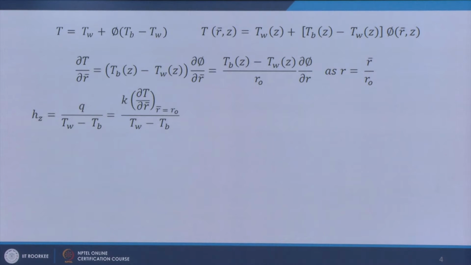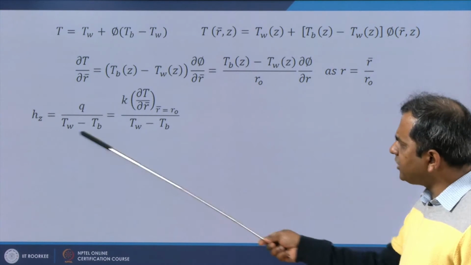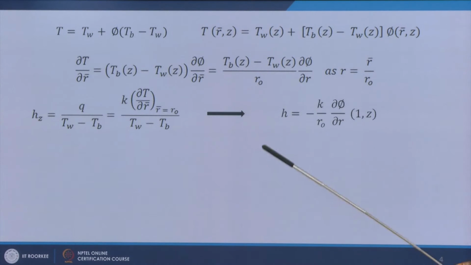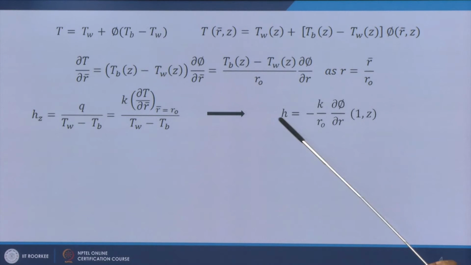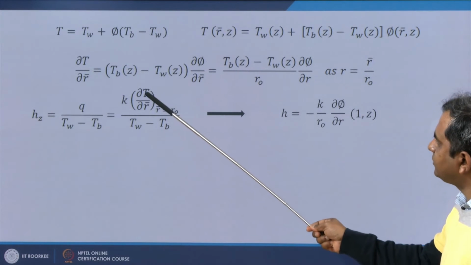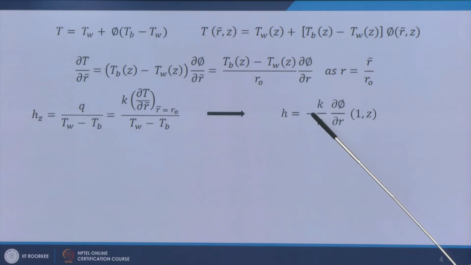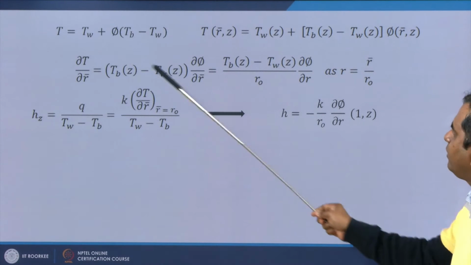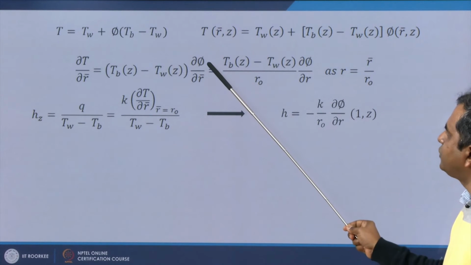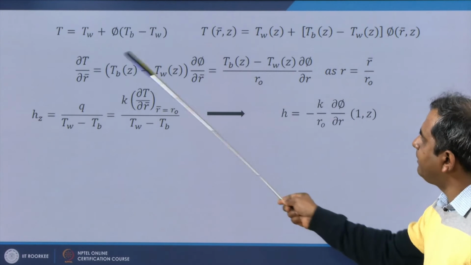If we proceed further for the heat transfer coefficient, as per the non-dimensionalization of the temperature, it becomes minus k by r naught del phi by del r. So del T by del r you can get from here: del T by del r is actually del phi by del r multiplied by this term.